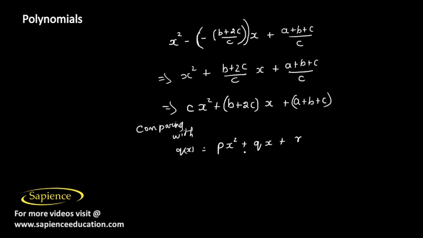By comparing these two polynomials, we can say the value of r will be equal to a + b + c. This is the answer to this question. The answer is a + b + c.